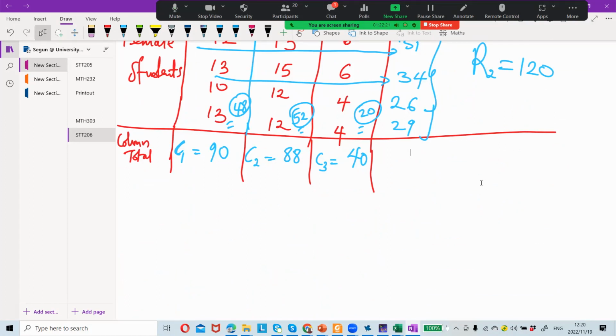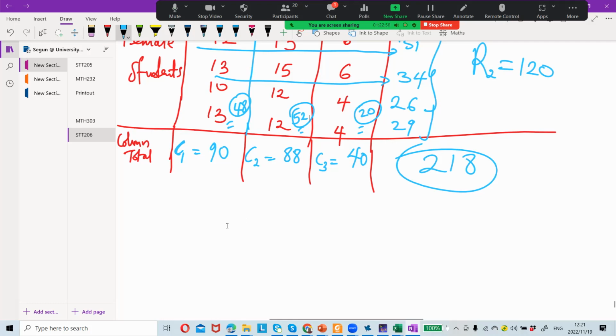Yep. Now, tell me, when you add all your columns together, what do you have? 90 plus 88 plus 40, 218, sir. Okay, so that means we are on board.